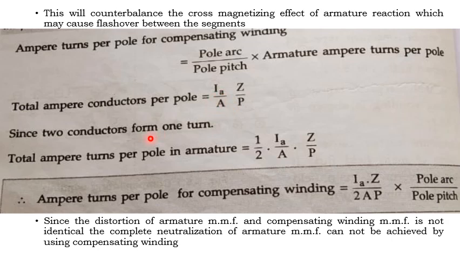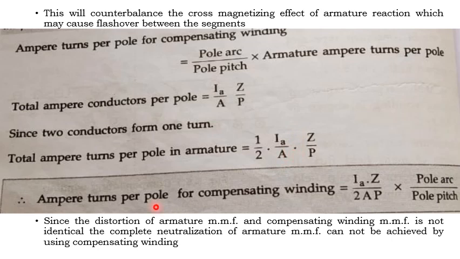Since two conductors form one turn, the total ampere turns per pole in armature can be represented as half of IAZ divided by A into P.